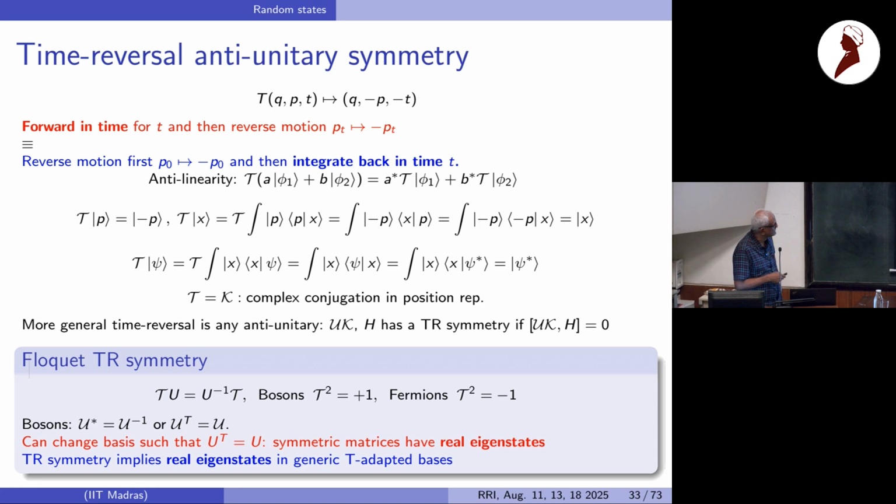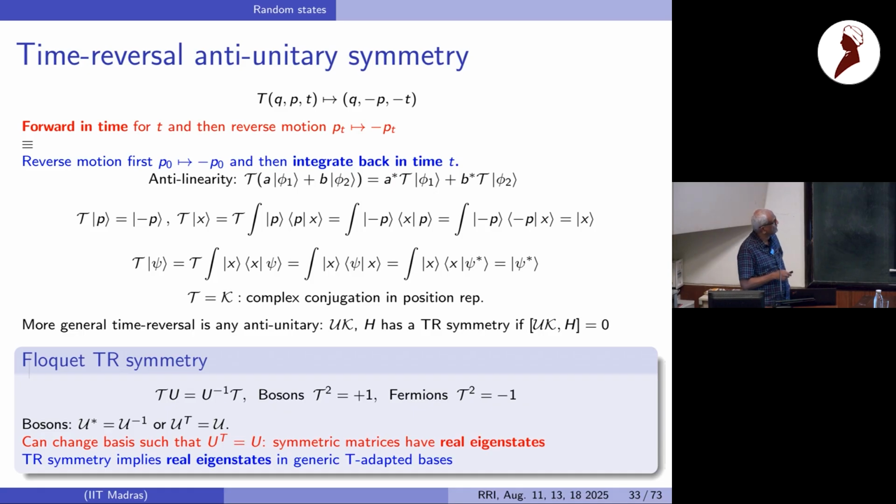But on the other hand, it's going to change the sign of momentum. And therefore, it has this peculiar property that as it acts on linear combinations, it has to complex conjugate the coefficients and then act on the states phi 1 and phi 2. So this is said to be anti-linear.